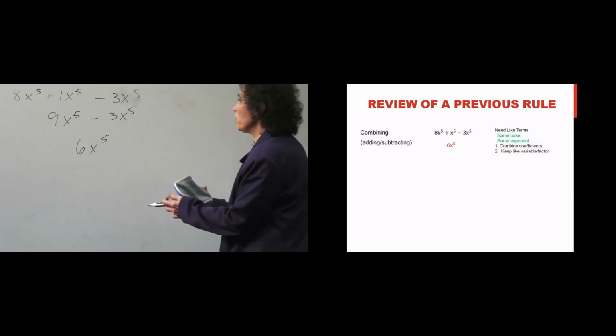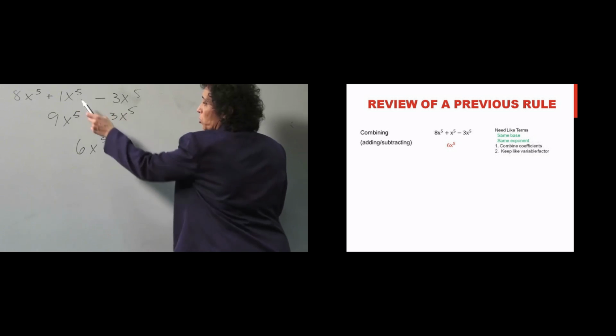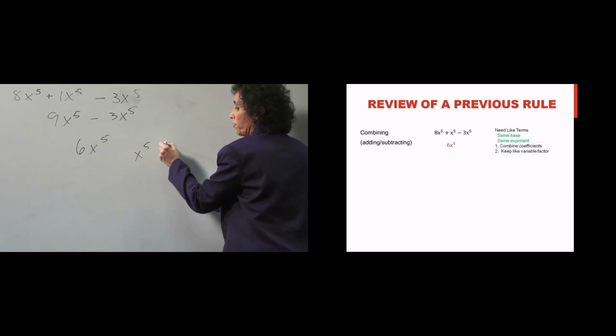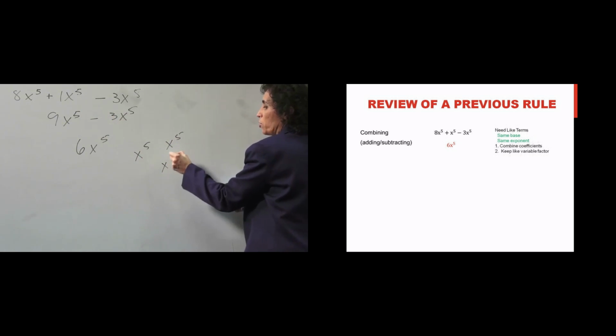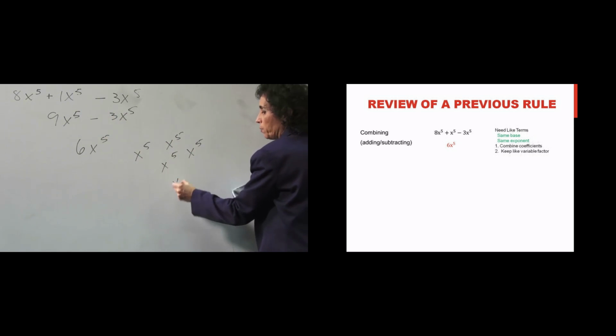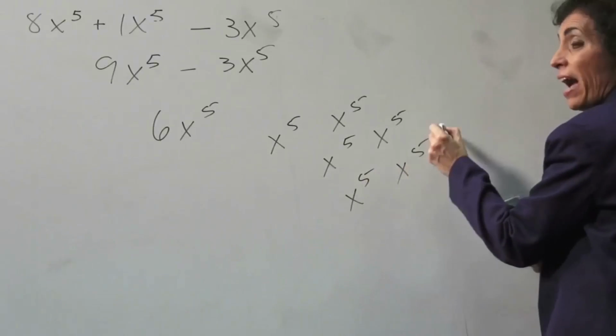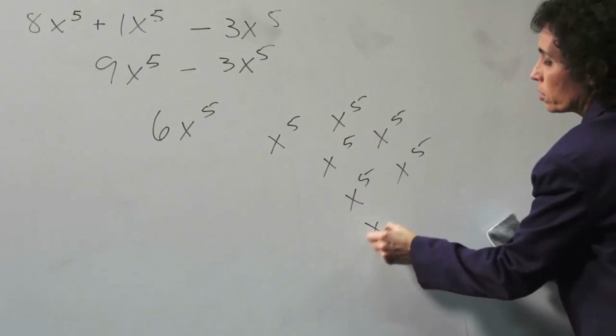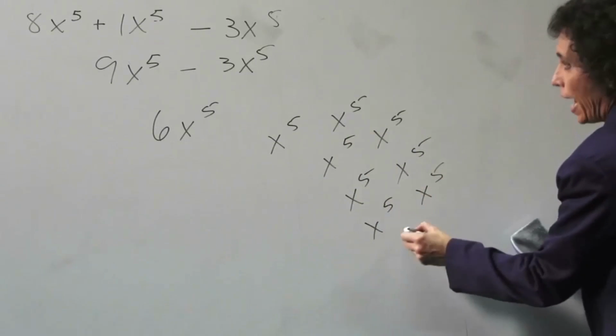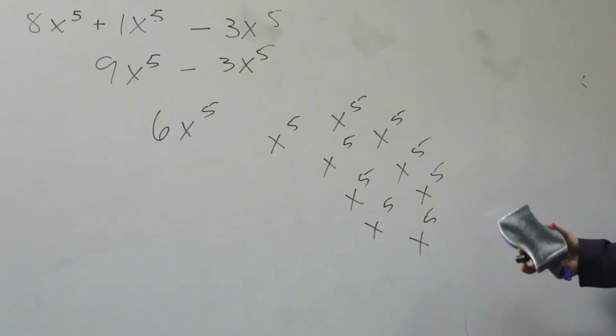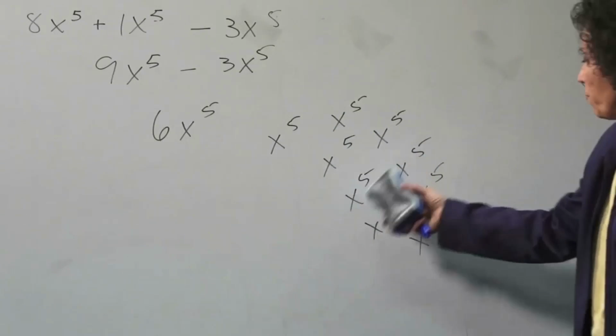Because again, and we've done this before, 8x to the fifth plus 1x to the fifth means you have 8x to the fifths. Remember your whole refrigerator door thing I gave an example of a long time ago? If I have these magnets on my refrigerator door, 8 of them, I add one more, right? 1, 2, 3, 4, 5, 6, there's 8 of them.